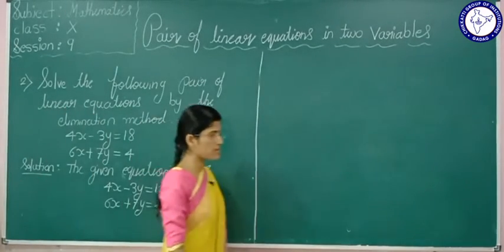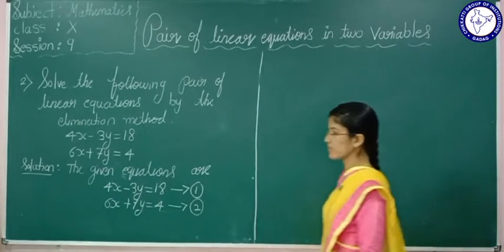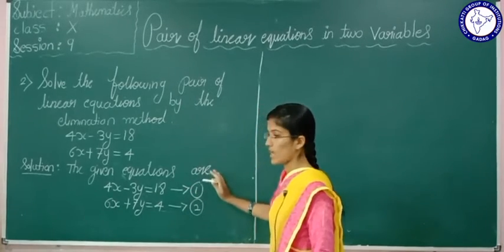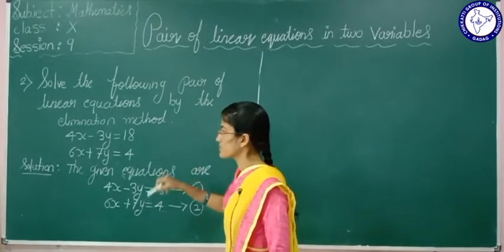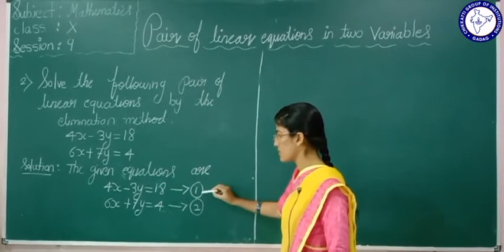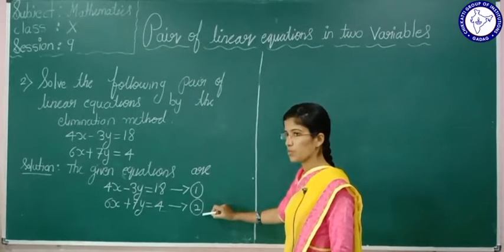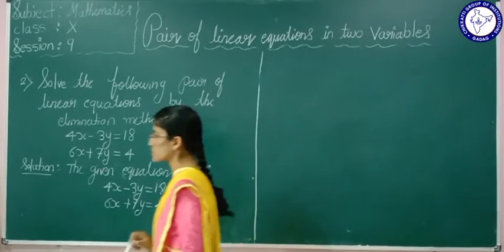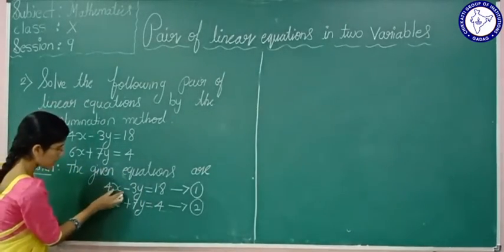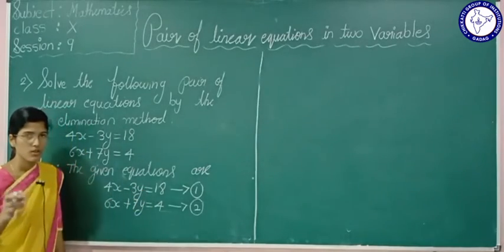Now see here students, they have given the pair of linear equations, we have written the given equations, and we call this equation number 1 and this equation number 2. It's left to you whether you want to eliminate x or y.